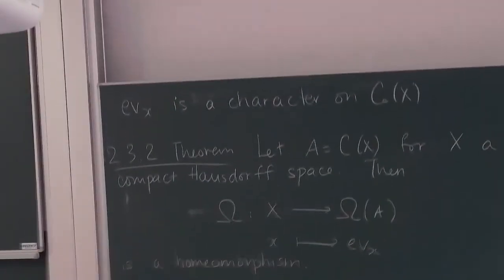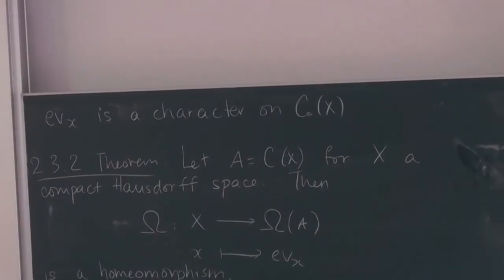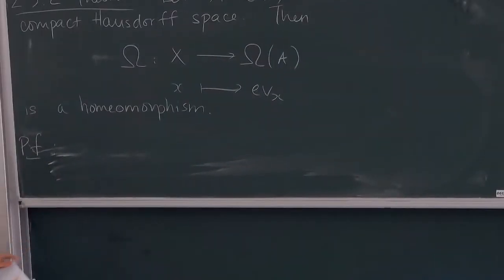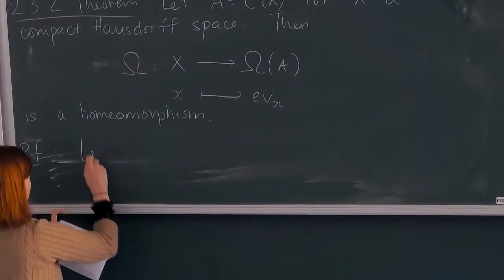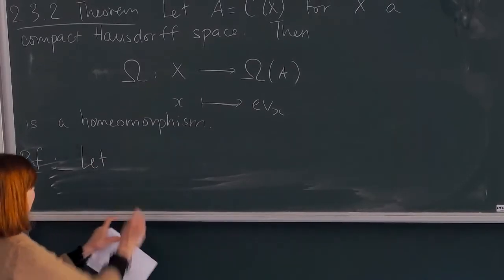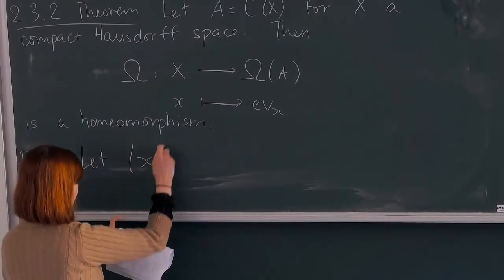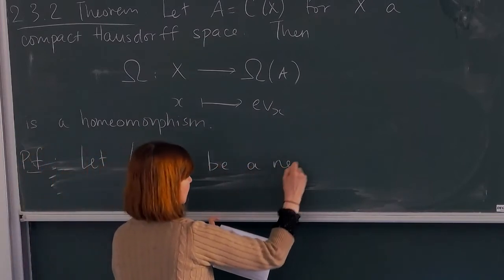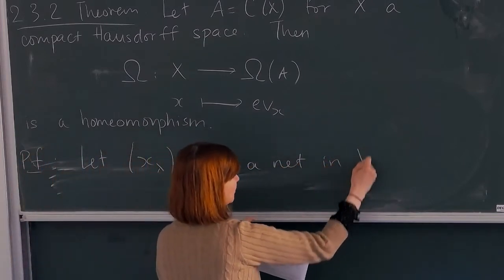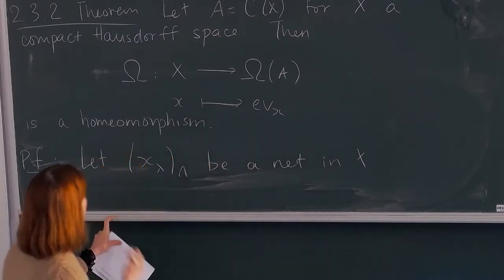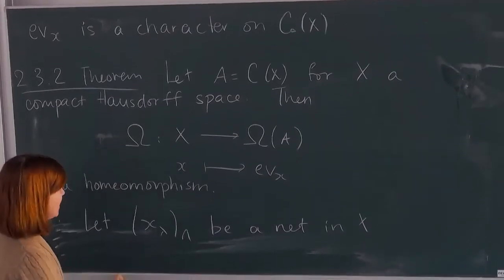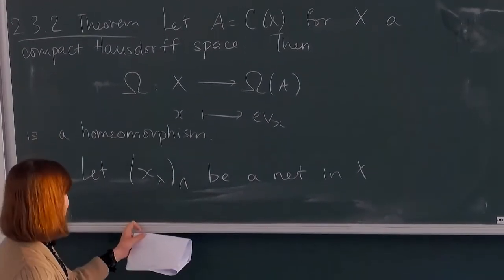First, let's show that this map is actually continuous. So we'll take a net. If you're not so familiar with nets, then replace Hausdorff with metrizable, and then you can take this just to be a sequence.